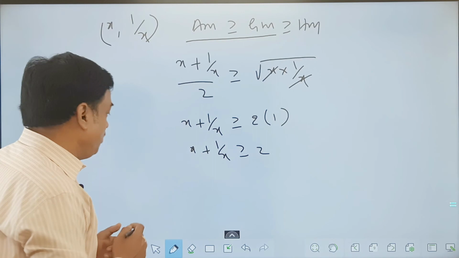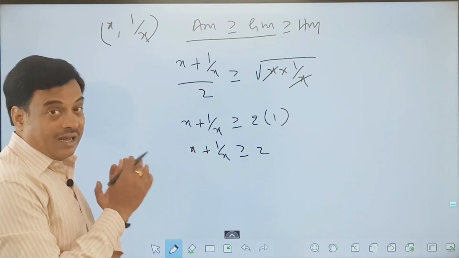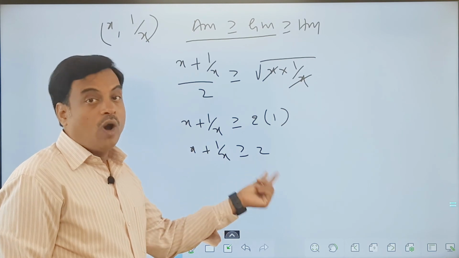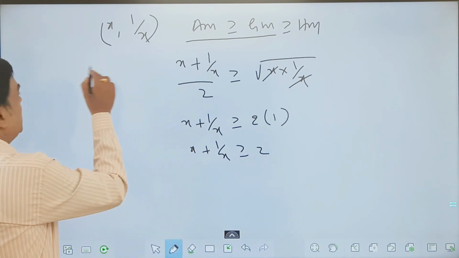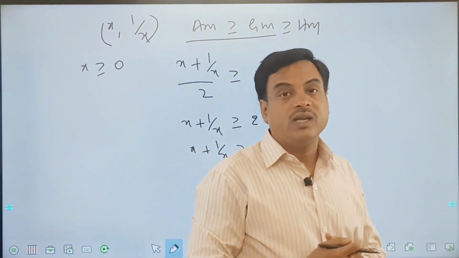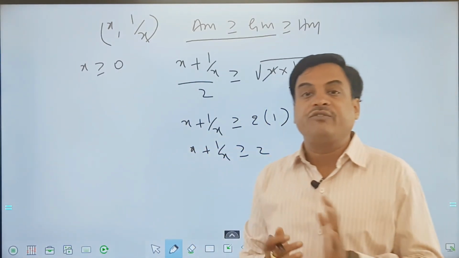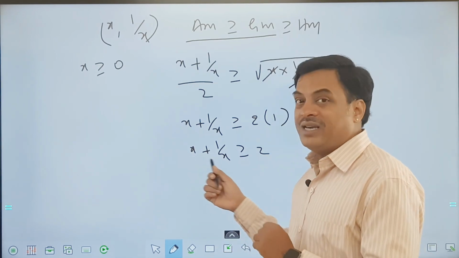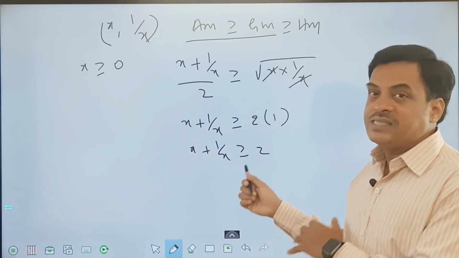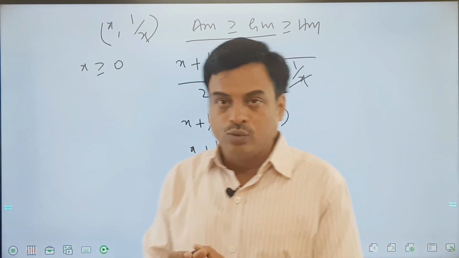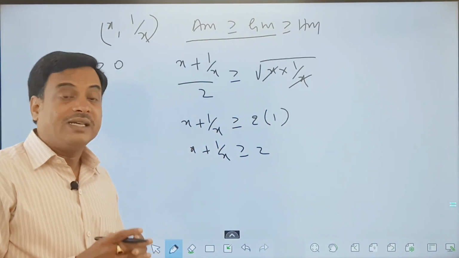So what is the point to be noted here? The sum of a number and its reciprocal will be minimum 2 or greater than 2. Consider x to be greater than 0. The very important point here is that for all positive values of x, the sum of a number and its reciprocal is always greater than or equal to 2. Please understand the minimum value is 2 for any value of x greater than 0.